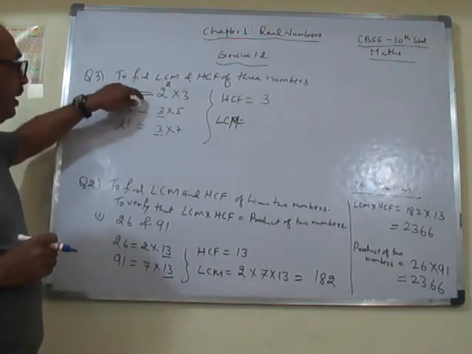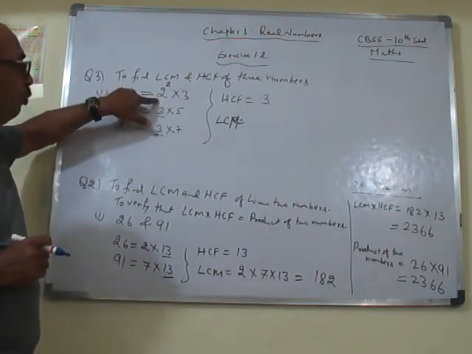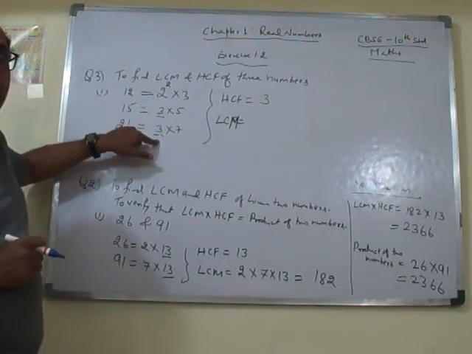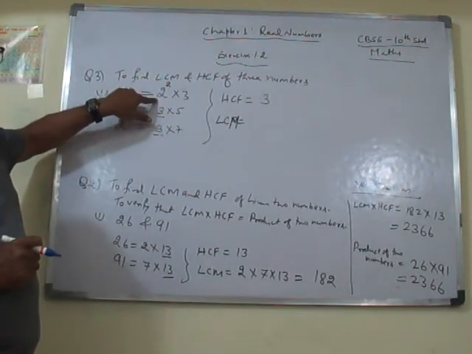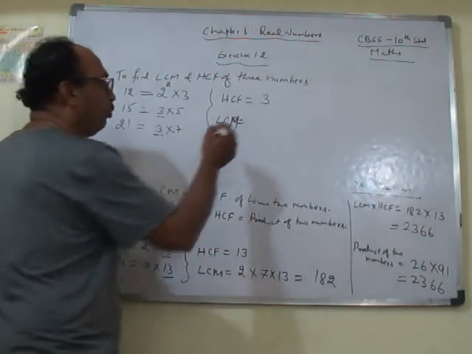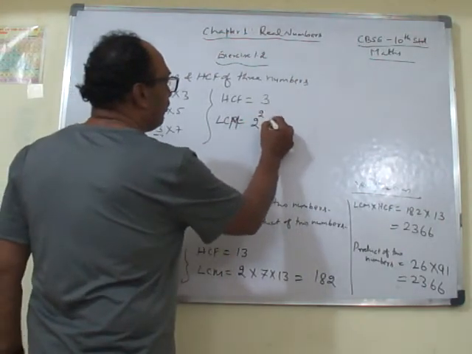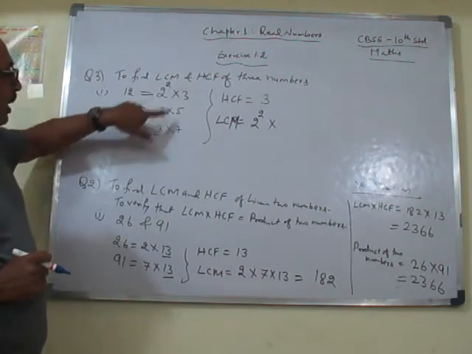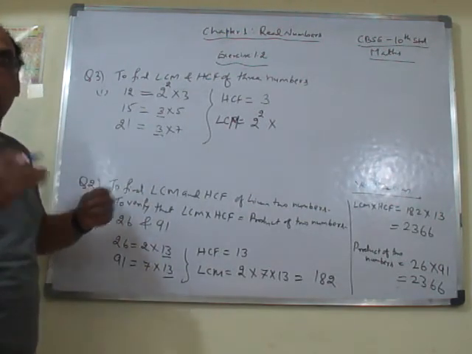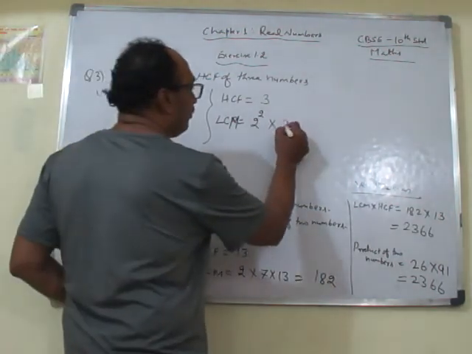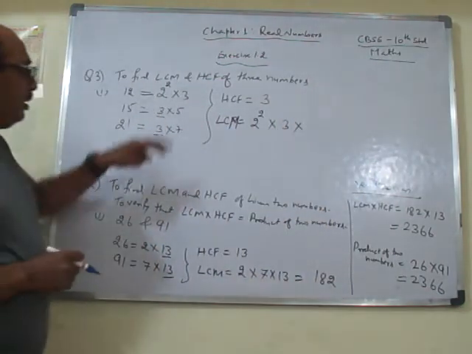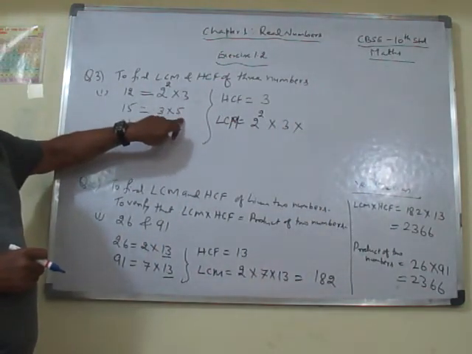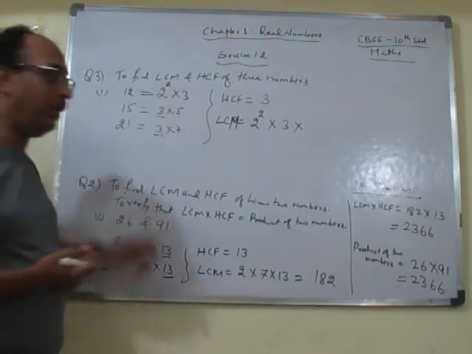For 2, the greatest power is 2 squared, since it is not there in another place. Into 3, which is common and whose greatest power is 1 only. 5 is another factor, its greatest power is also 1.